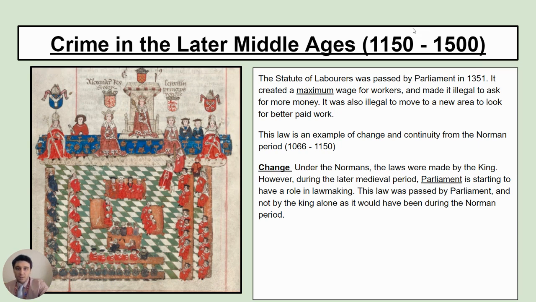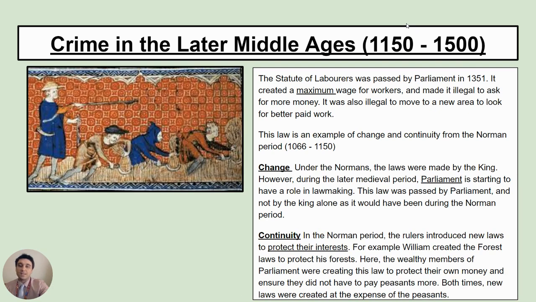But it's also an example of continuity as well, because what we're seeing is in the Norman period, the rulers introduced new laws to protect their interests. For example, William created the forest laws to protect what he saw as his woodland for hunting.